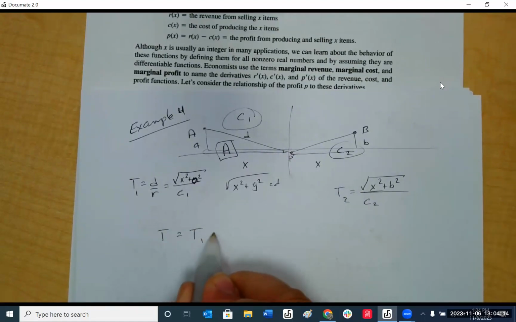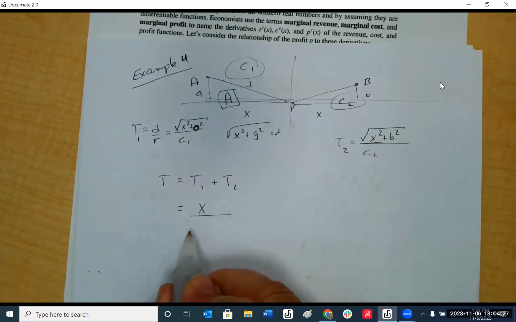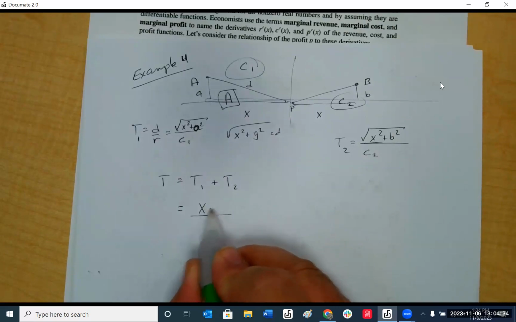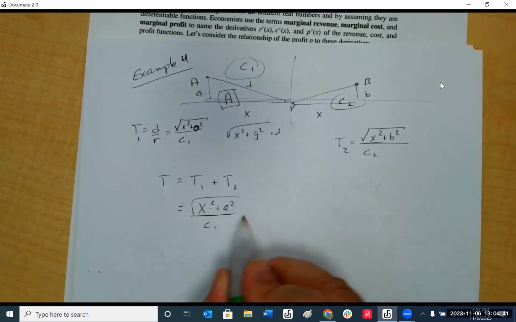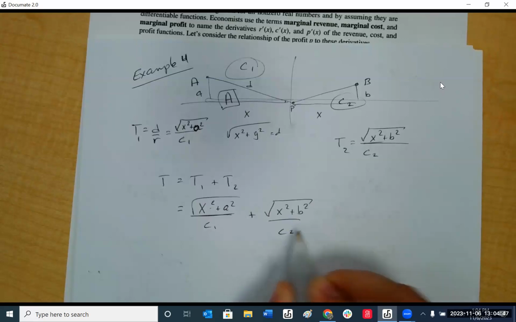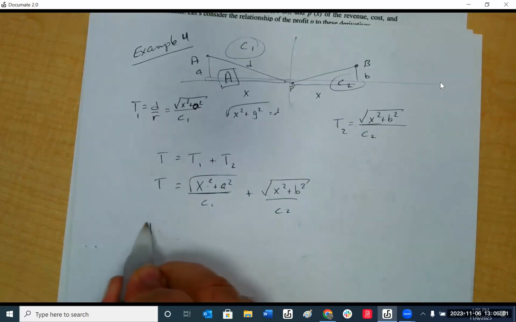The total time through both media, it has to travel that distance plus the other, and we want the minimum. So we're going to take the first derivative of it.